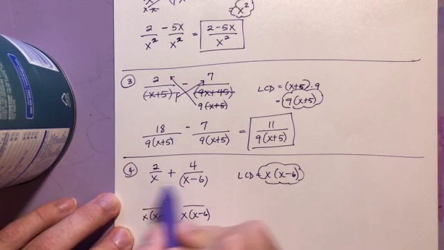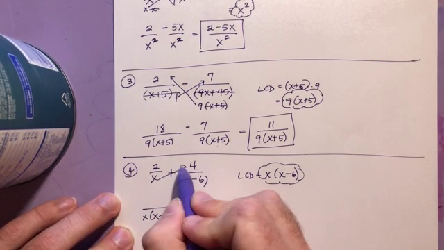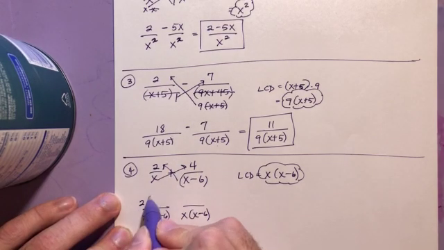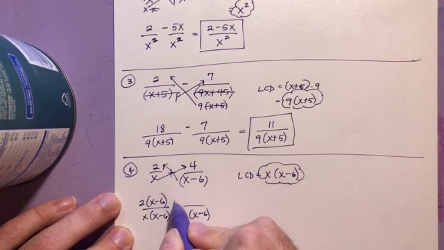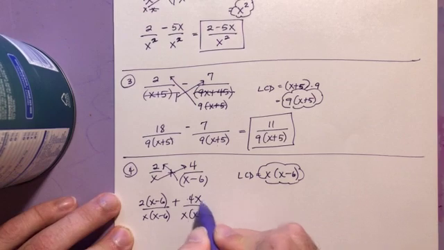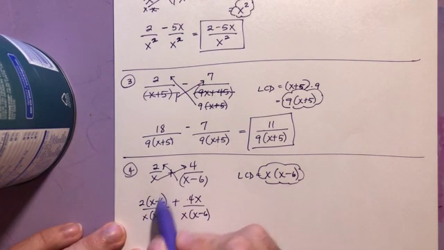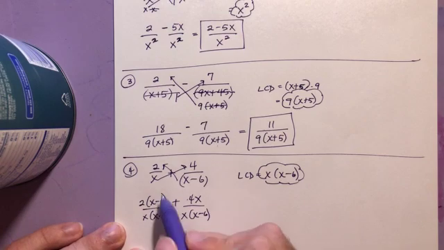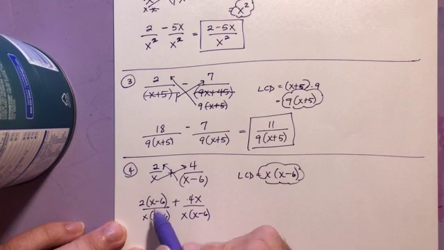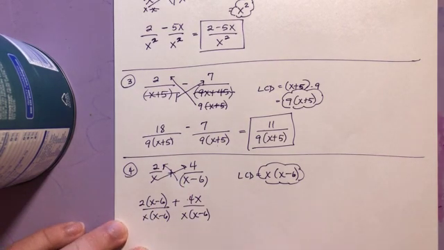And then, since they don't have anything in common, there's nothing to cross out, and I'll just cross multiply what I got. So 2 times x minus 6 here, plus 4 times x here. Okay? So do not cancel these two. You're going to feel like doing it because you see them. Don't do it. It just gets you right back to where you started, and you're going to be like, why did I do that?